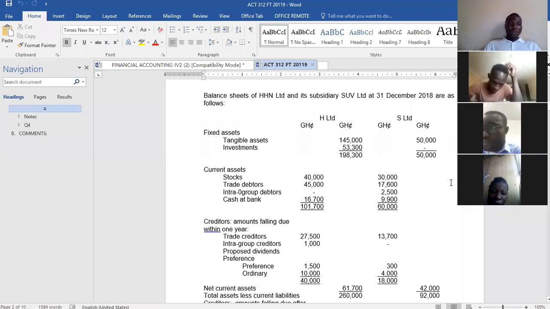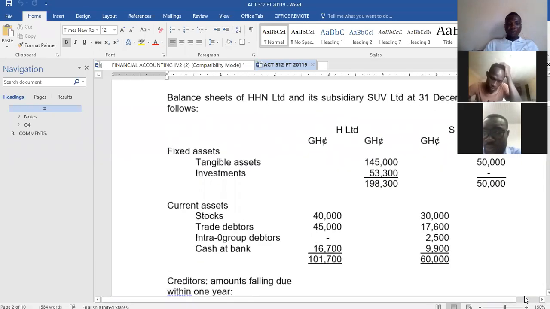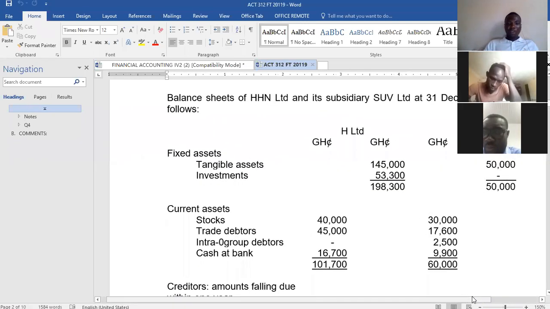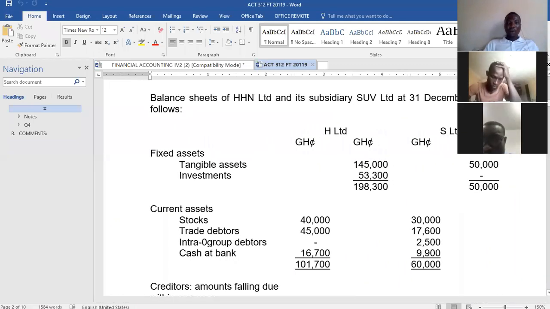So you have the balance sheet, you have your fixed assets, tangible and intangible assets. You have current assets, you have your stock, you have your current liabilities, creditors, then you have your finance by section.